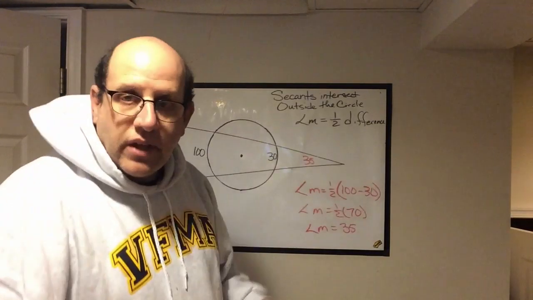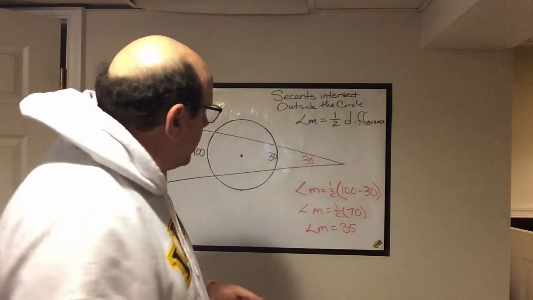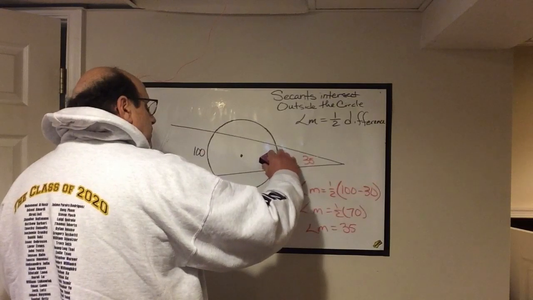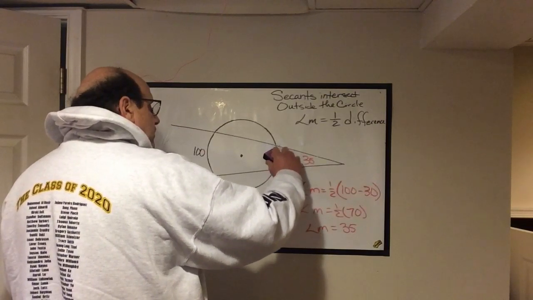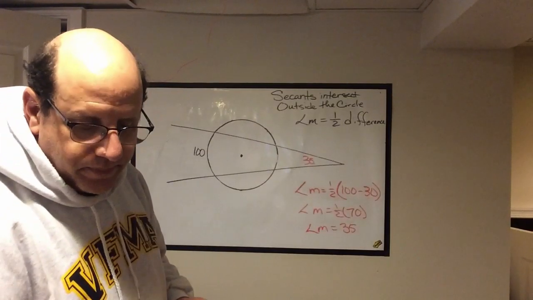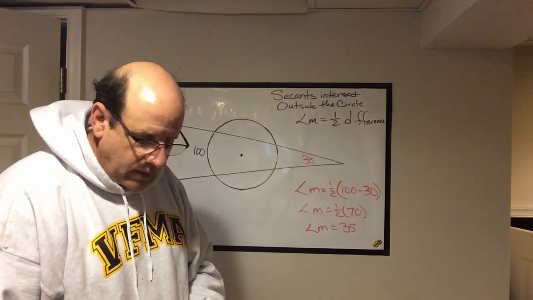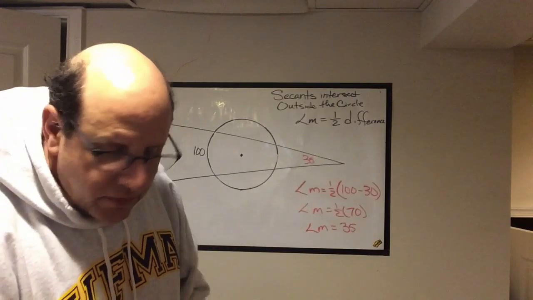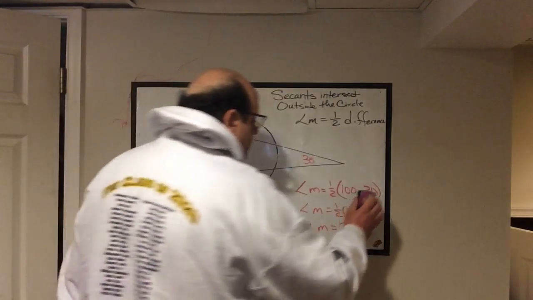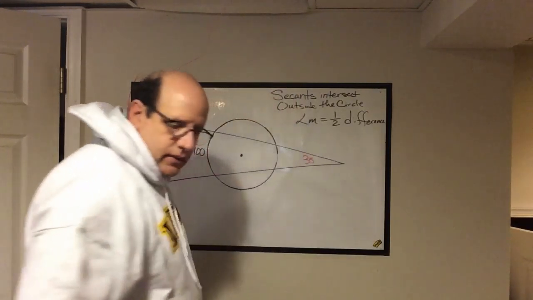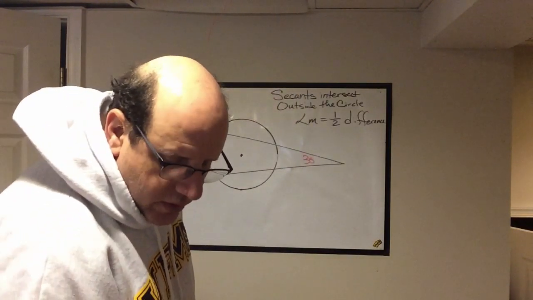So let's take a look at what happens if I take out this arc here. All you're going to do is write the formula, and then you're just going to do the math.